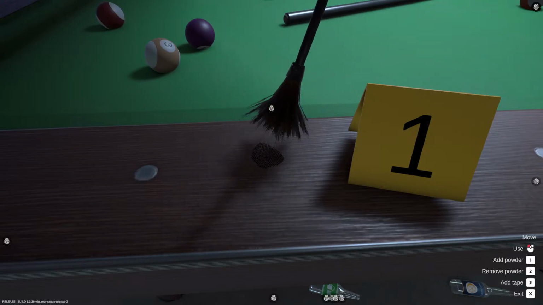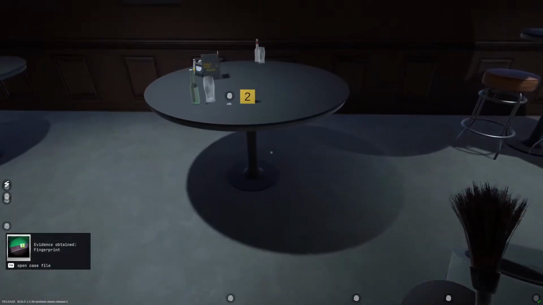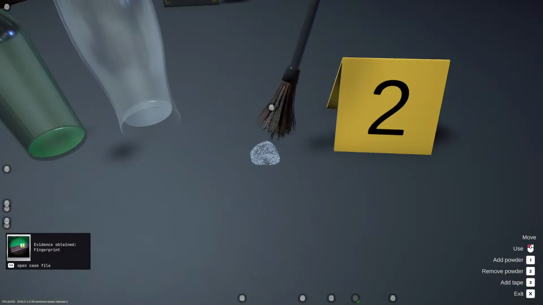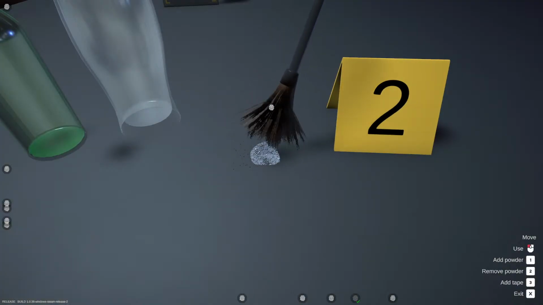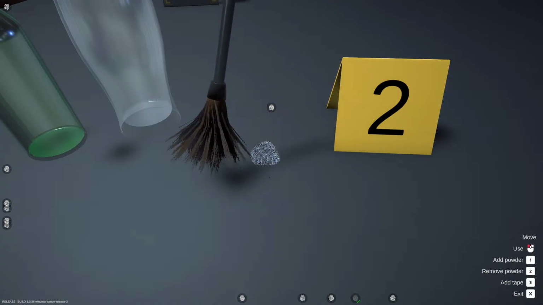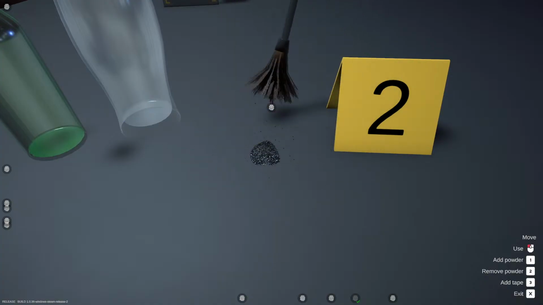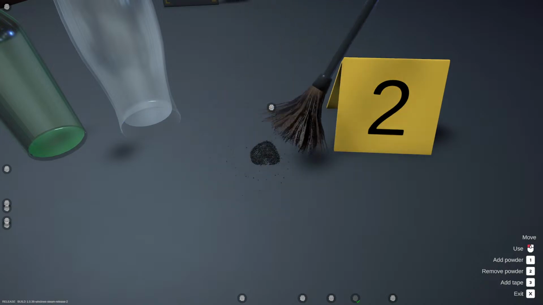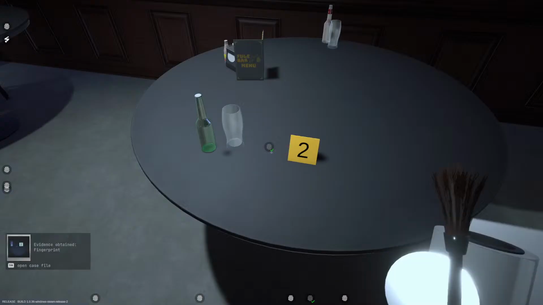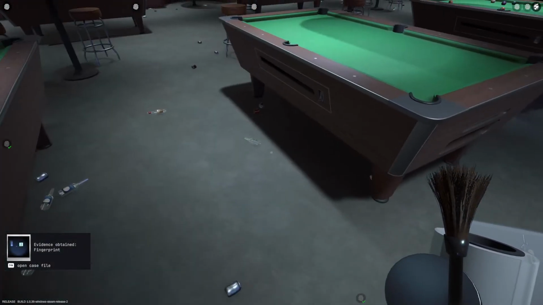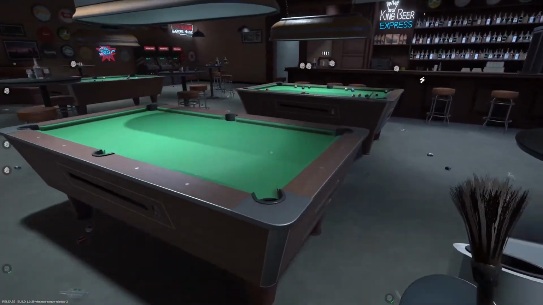Dust this bad boy. Okay. That's interesting, Cat.